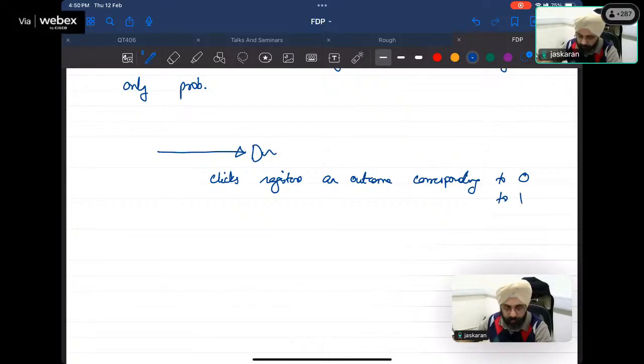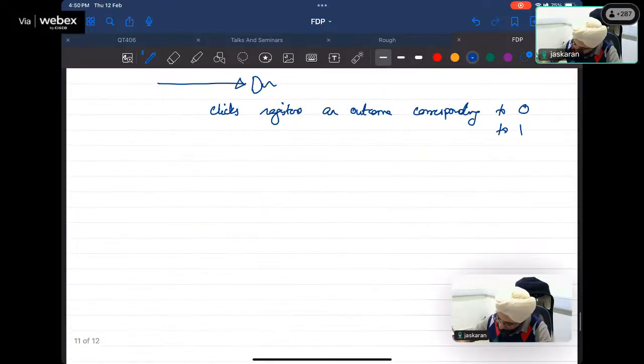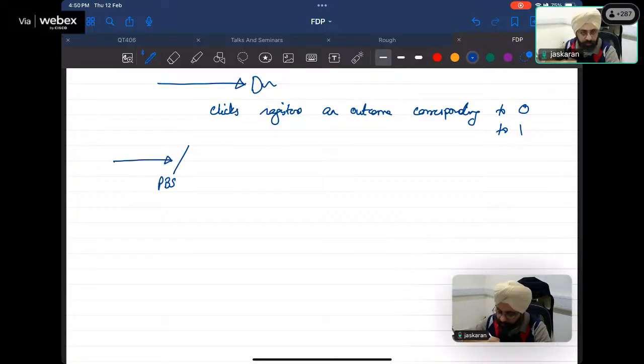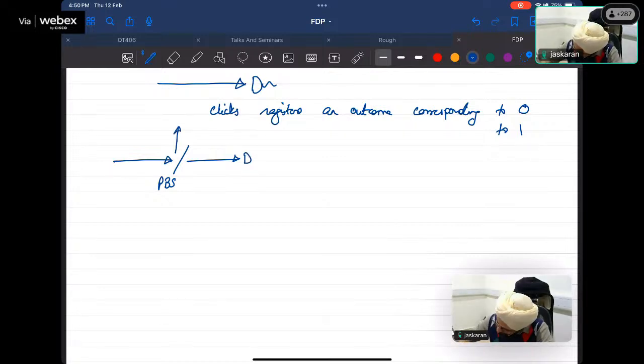But there could be another situation where I have, let's say, a polarizing beam splitter, and now I have a photon which has some polarization. I don't know what the polarization is. So with some probability it is transmitted, and with some probability it is reflected. So I can put two detectors here.